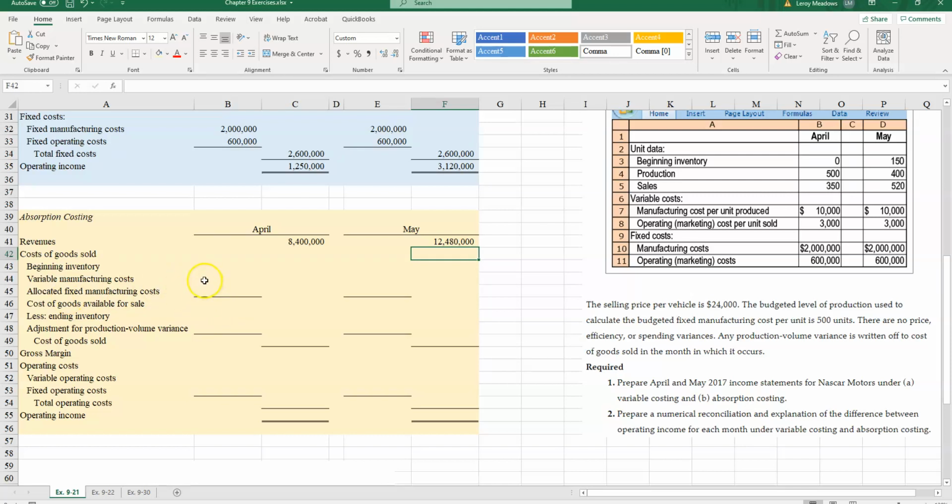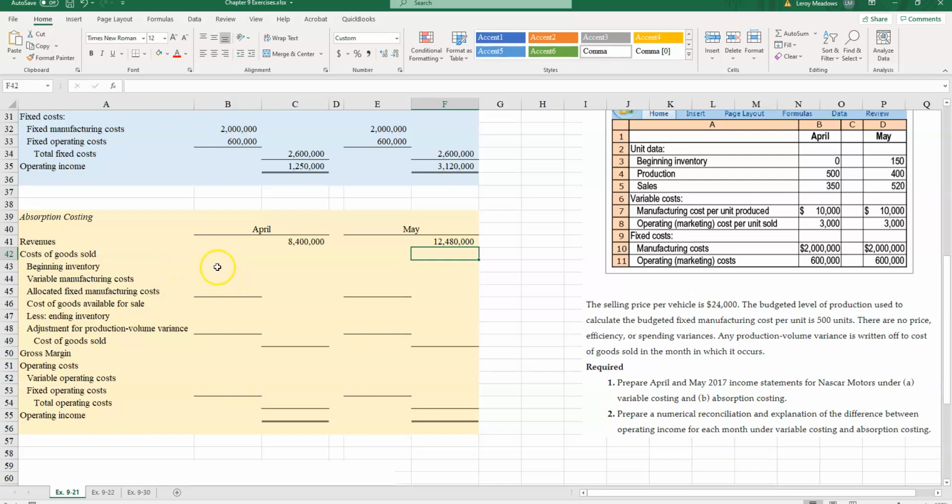What about beginning inventory? What about cost of goods available for sale? What about ending inventory? How do we compute that? So that's why we're breaking this down. We're being a lot more detailed. I could have taken a shortcut and just taken $14,000 times the number of units sold and got my cost of goods sold that way. But I want a lot more detail. I want to get a little more information and see how things are moving.